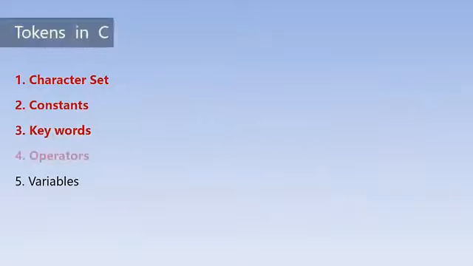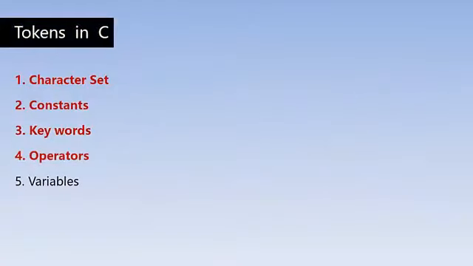Okay. Next, the operators. Operators are for operations. Let us look at the types of operators. These are the unary operators, a pair of plus and a pair of minus. There are two unary operators, plus plus and minus minus. Plus plus is called the increment operator and minus minus the decrement operator.